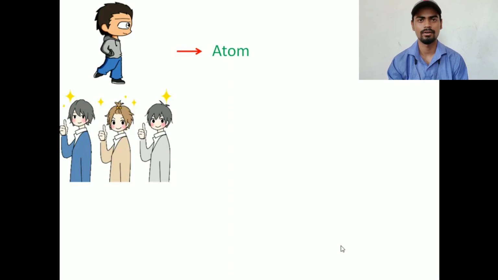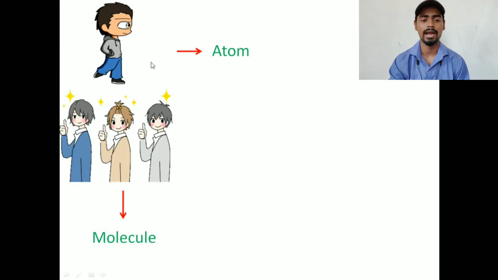So the group of friends is just like a molecule, they can exist independently. When you were alone, you were just like an atom, you could not exist independently. But next time you formed a group, it means you became a molecule, and now you can exist independently. Now your group is there in the class, and likewise many other groups will also be there in your class.